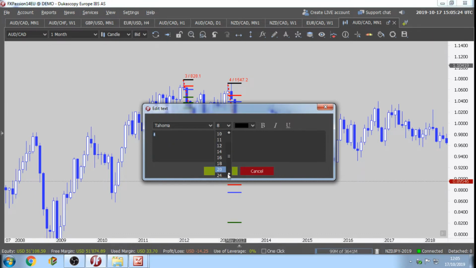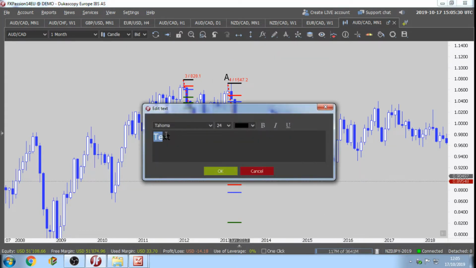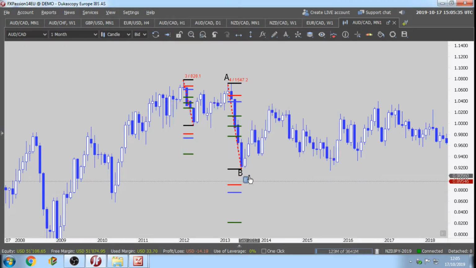This is our A here, this is our B in here. AUD monthly chart, A, B.